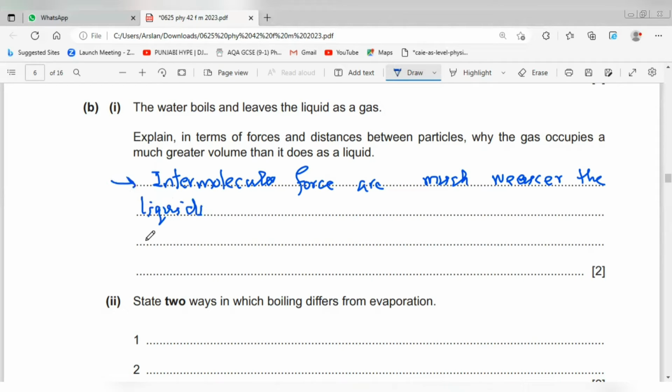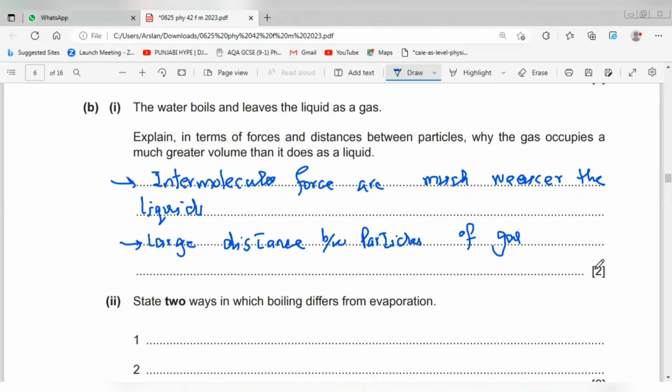And another reason is there is a large distance between particles of gas.